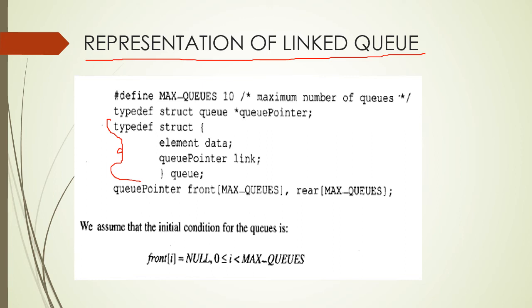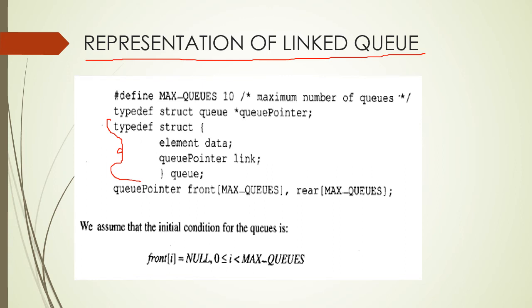One structure is for the data field and another structure is for the entire node. Why a structure for the data field? Because in the data field you can store more than one piece of information, but in our examples we are storing only one. So if you wanted to store more than one piece of information in the data field of a node, then you have to go for a structure.